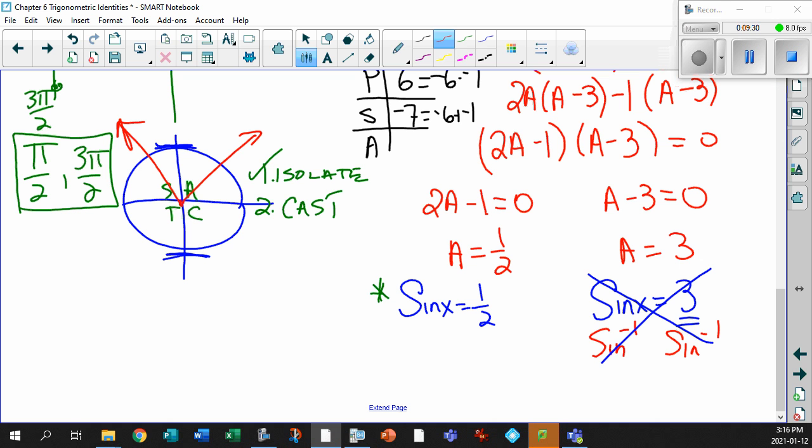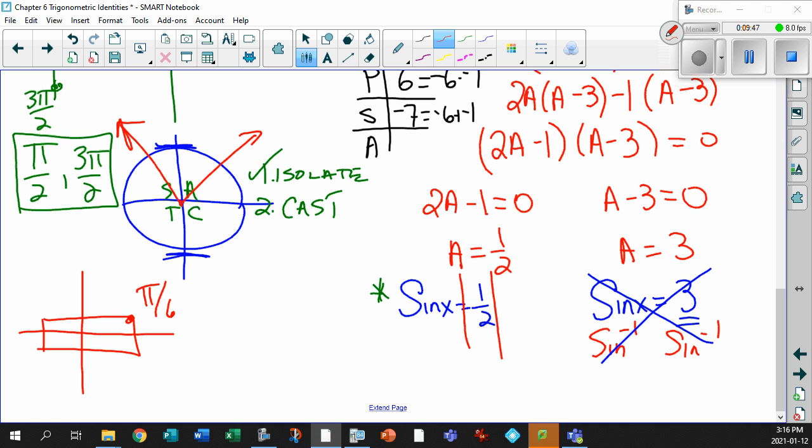Okay, there's your 2 angles. Now we take the absolute value of this, which is really pretty. We've already done that. And now remember, where is sine equaling 1/2? Well, it's right here, right? That's at that point, which we refer to as pi over 6. Okay, so that theta or x, right, reference angle is pi over 6.